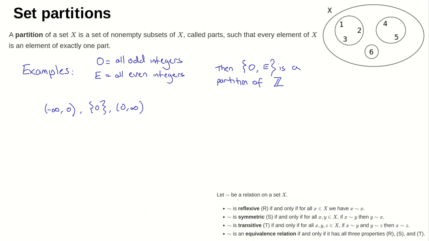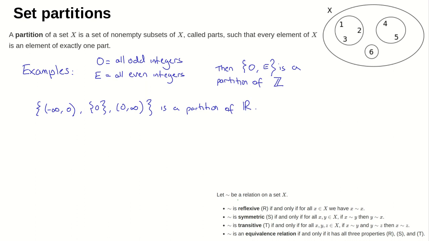Now, every single real number is strictly positive or strictly negative or 0. No real number is more than one of those things. So these three sets here make up a partition of the set of real numbers. And we write the set of real numbers as R like this.